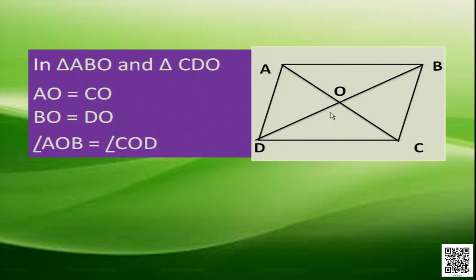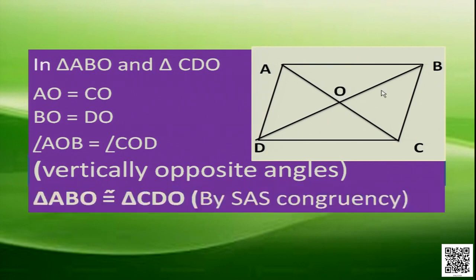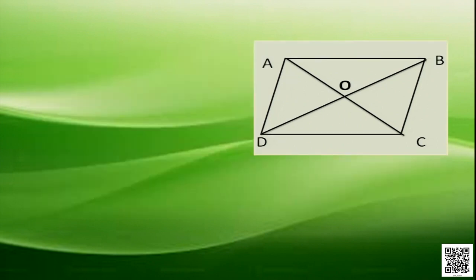Why are these two angles equal? Because they are vertically opposite angles. So, we have side, angle, side. So, triangle ABO and triangle CDO are congruent by side angle side congruency or SAS congruency. Now, as these two are congruent, we have some corresponding parts to be equal.